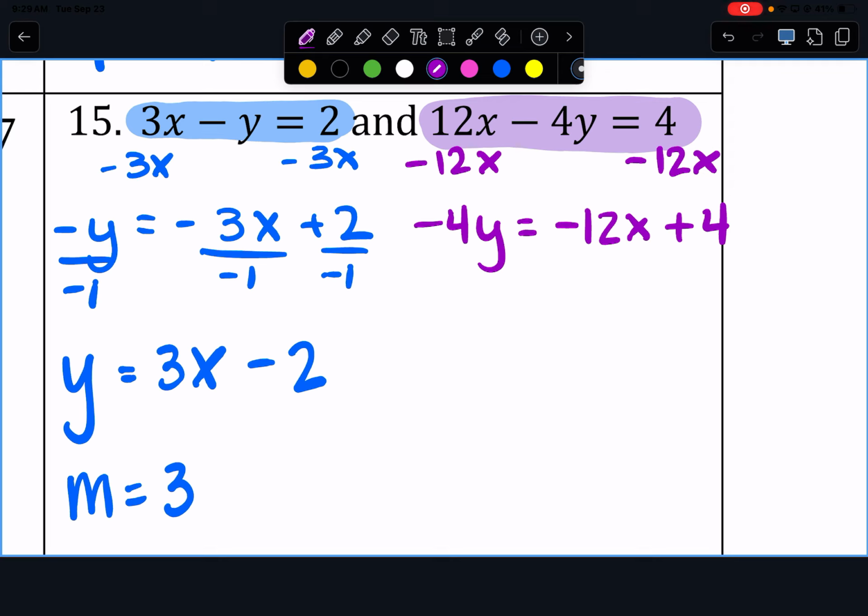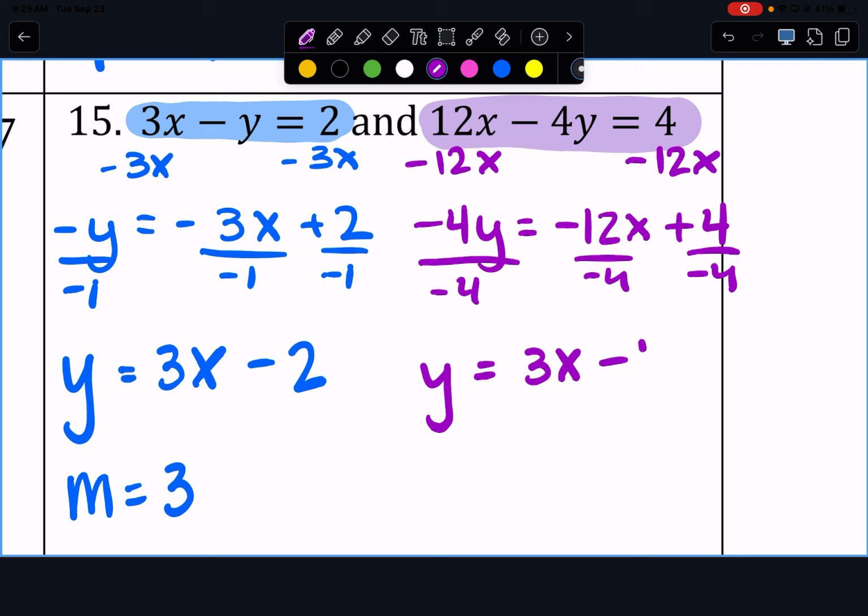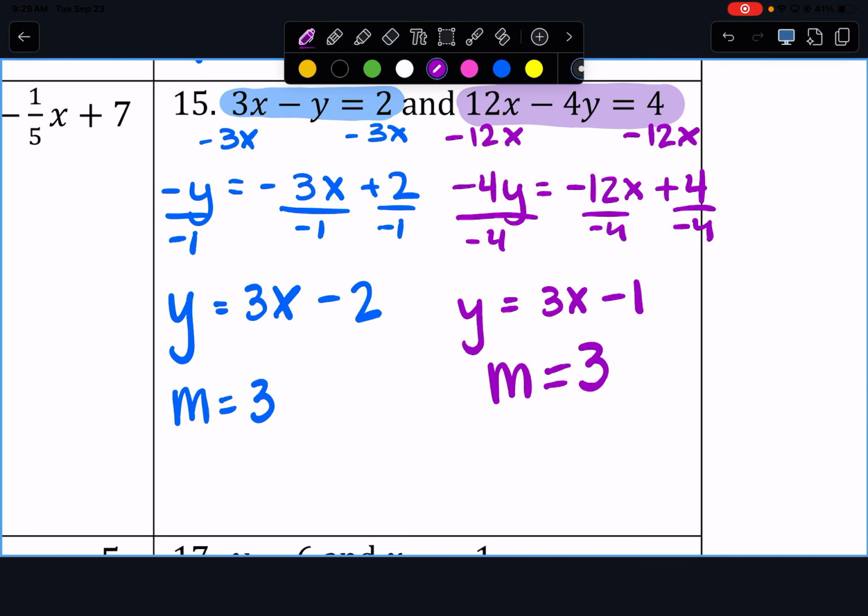What do I do from here? Divide by negative 4. So I get y equals, what is negative 12 divided by negative 4? 3. So we get 3x, then negative 4, or 4 divided by negative 4. So what is the slope of that line? It's 3, so that means those two lines are?